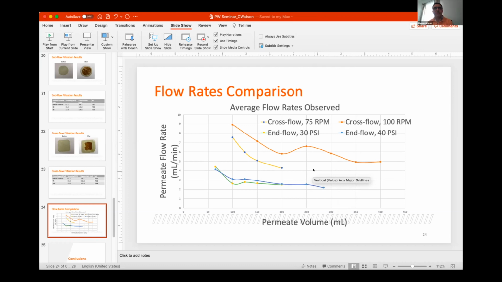Quick question on your flux. Here you said permeate flow rate because you did 2 experiments. Was the membrane area the same for both the dead-end and the crossflow? Because you didn't estimate flux, which is milliliters per centimeter squared or per meter squared per minute.